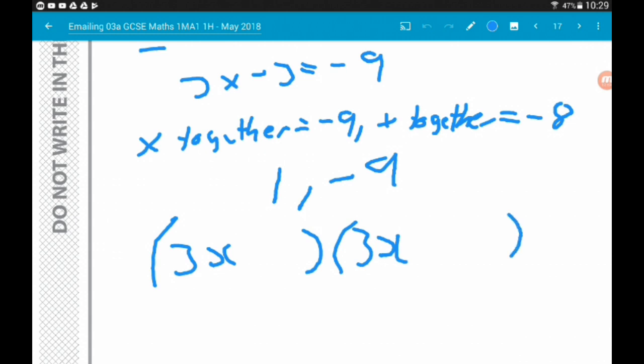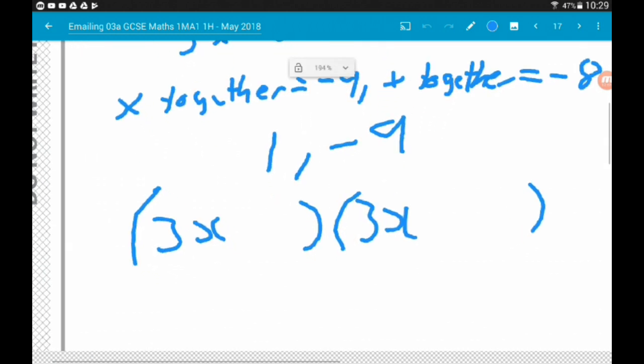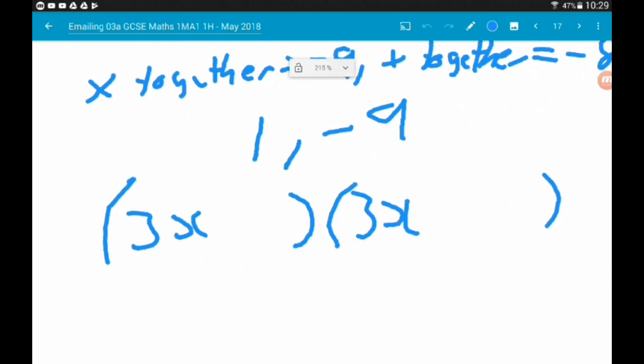Now each of our two numbers goes inside one of the brackets. So we can have 3x plus 1 times 3x minus 9.